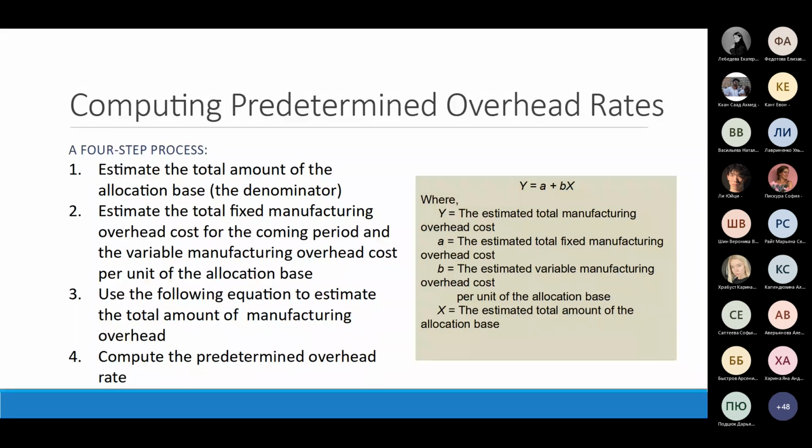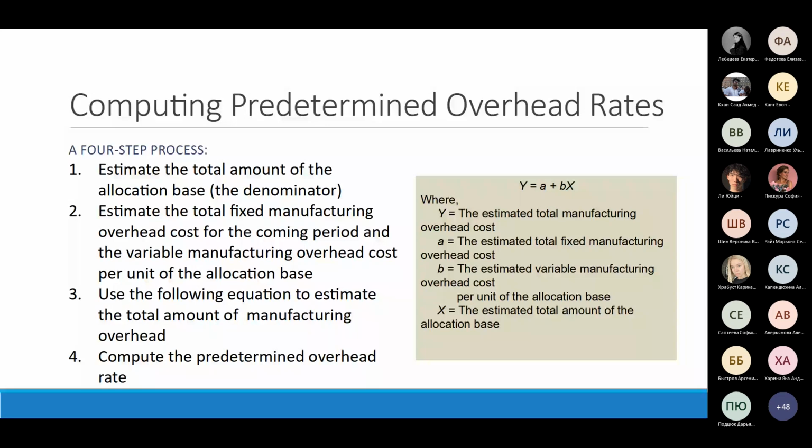If our products are unique, we can use subjective forecasting methods in order to understand what we plan to do in our coming period. Then we use the regression equation again to estimate the total amount of manufacturing overhead and then compute the predetermined overhead rate.